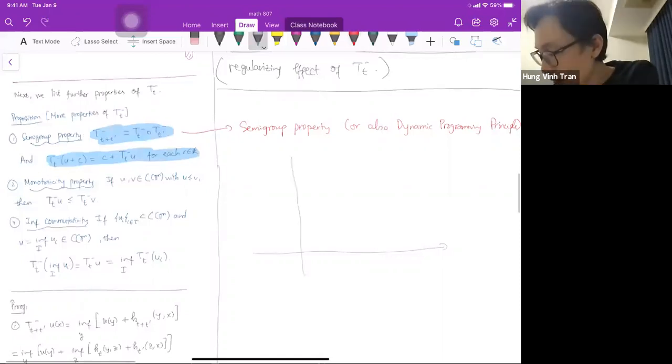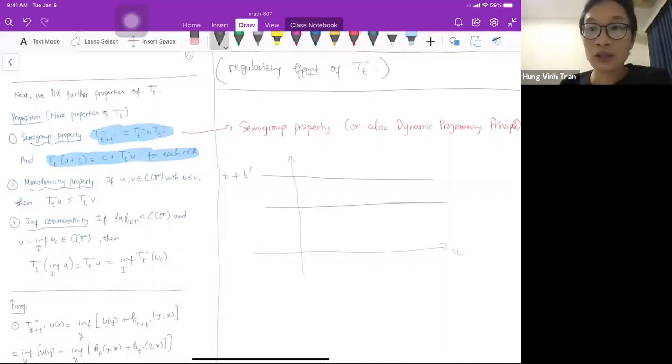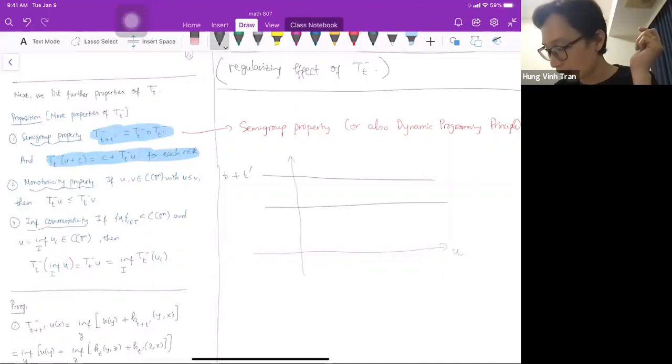What it tells us is that, okay, you start with any given initial data, let's say you want to go up to time t plus t prime, right? So you can decide to go straight forward, straightly from here up to that point.